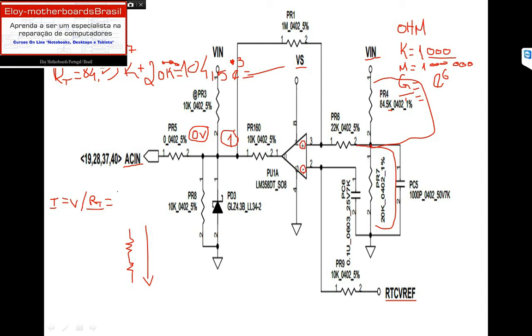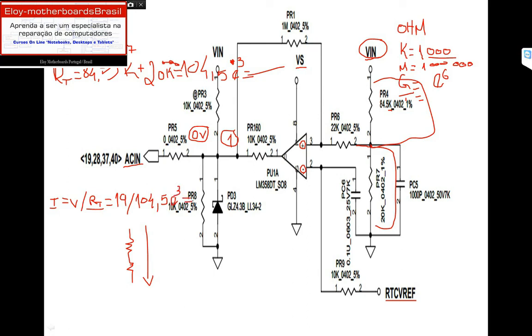So nothing much. This is VIN. Like I've told you, this lesson is all about 19 volts. There is no voltage besides 19 volts. So we have here 19 volts divided by 104.5 exponential 3.